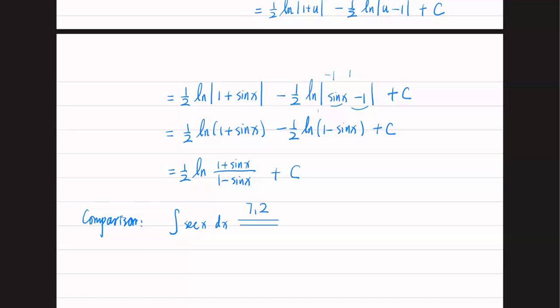At that time, we obtained the formula logarithm of tangent x plus secant x, plus C. Then in this new section 7.4, partial fractions, we obtain a second formula.